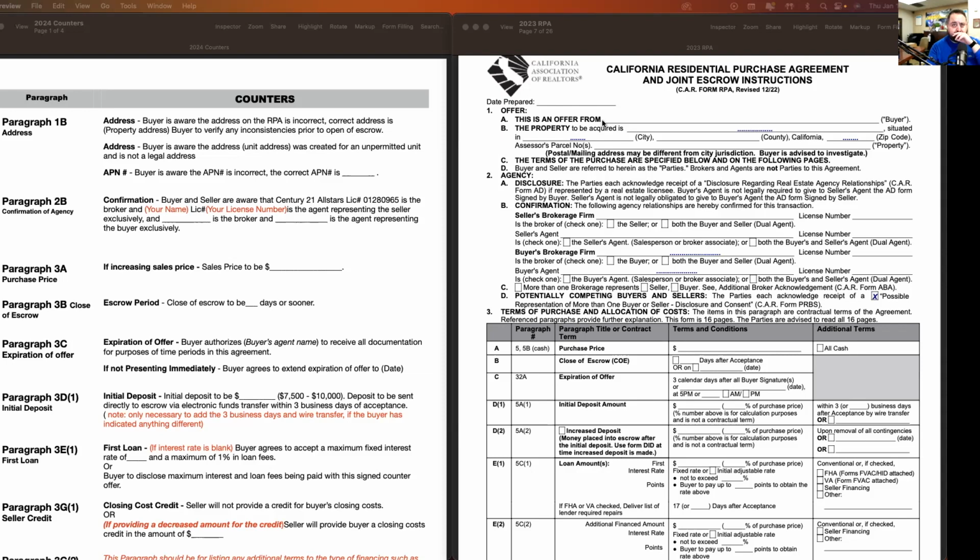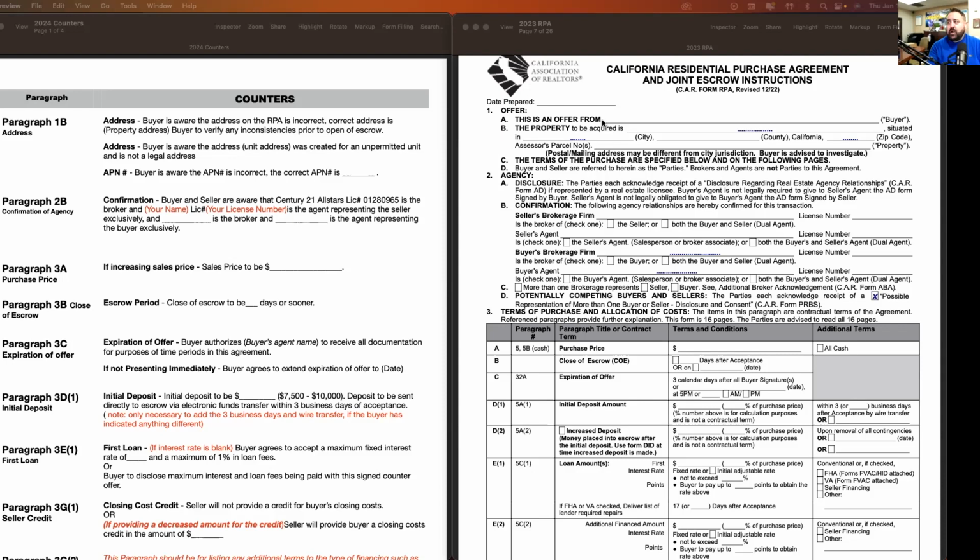It happens all the time. As listing agent, that's the first thing we have to look at, because ultimately our job as the backstop when we receive offers is making sure the offer was written properly. And that's the first thing, the address.